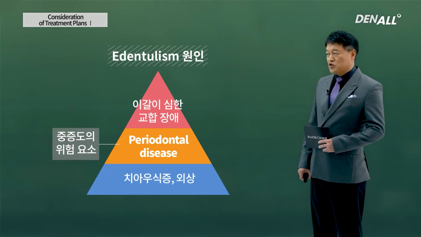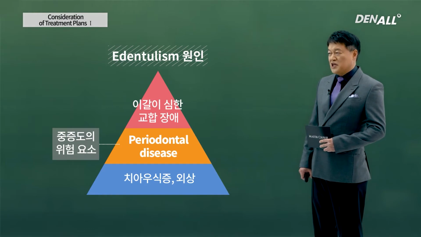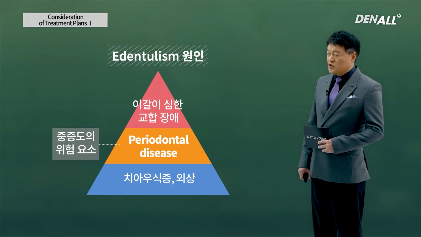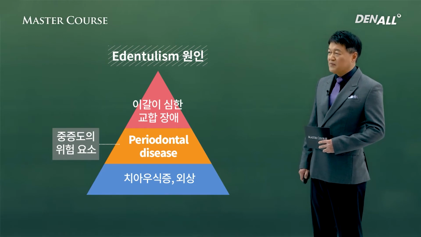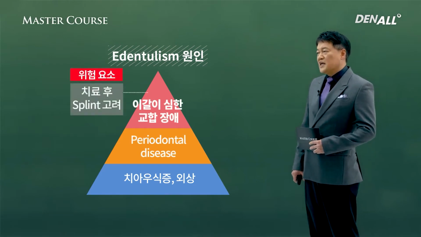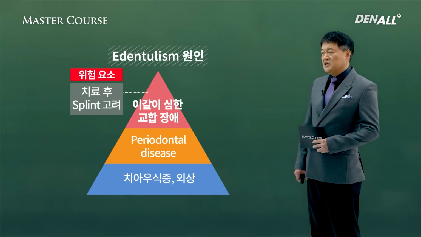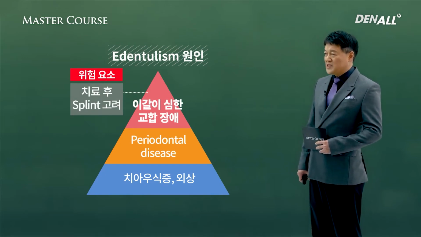In these cases, additional surgical GBR may be needed. For patients with perio disease, regular checkup is required. When patients grind teeth or have malocclusion after treatment, splints can be considered.